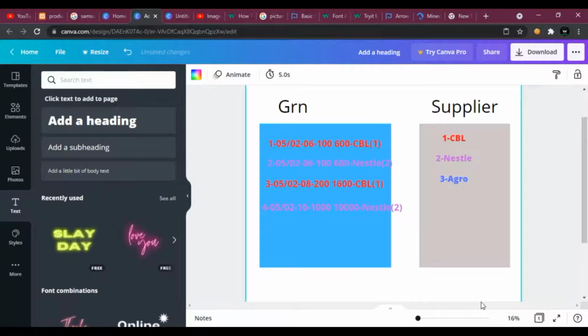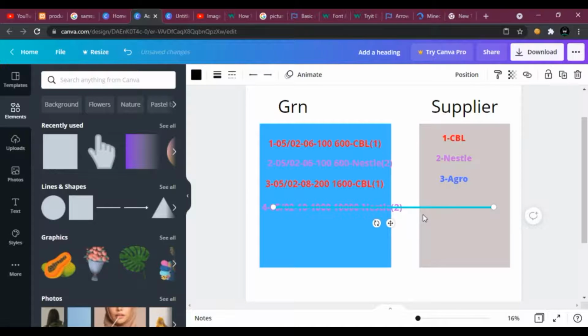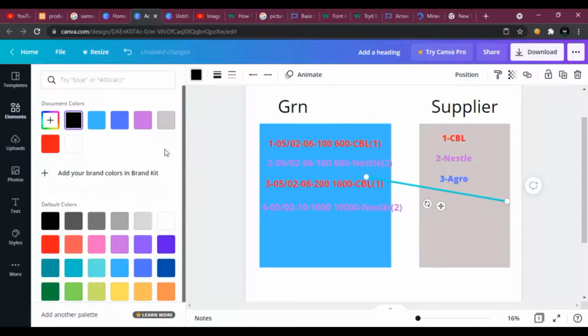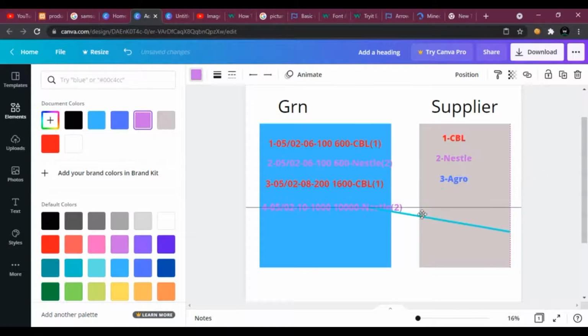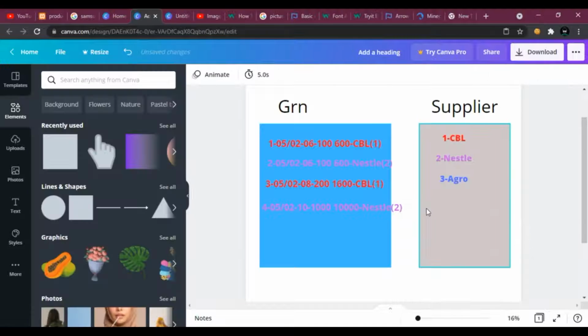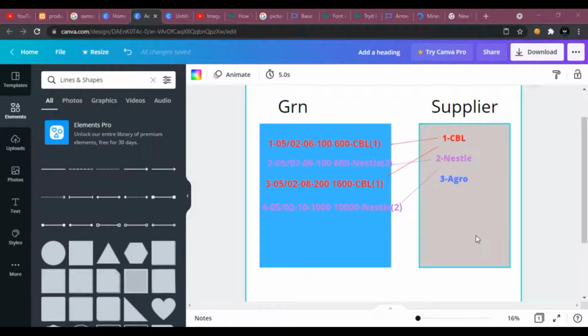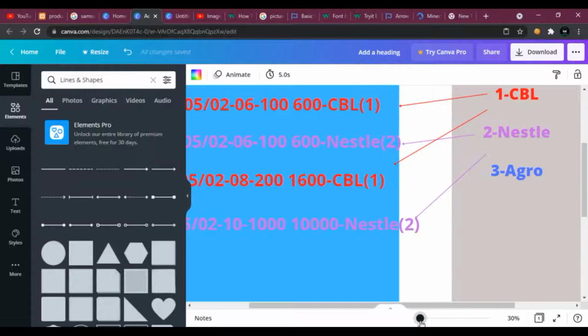So you can see here, this is technically a one-to-many relationship. I have added some arrows.